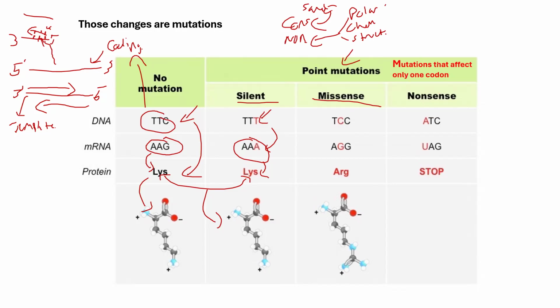So again, we have silent, we have missense mutation, conservative or non-conservative, and then finally we have something called a nonsense mutation. This is what introduces a stop codon, or that termination sequence I just discussed, on a gene, but not in the gene where it's supposed to be. Remember, you have a start and you have a stop.